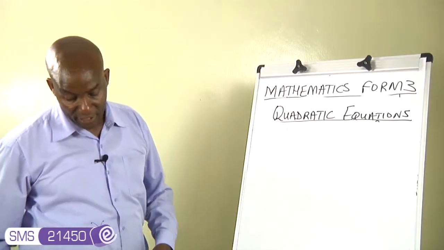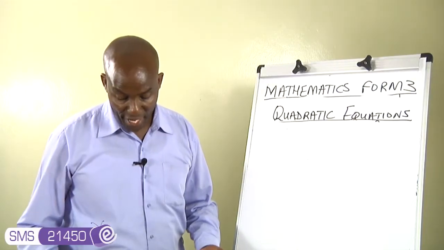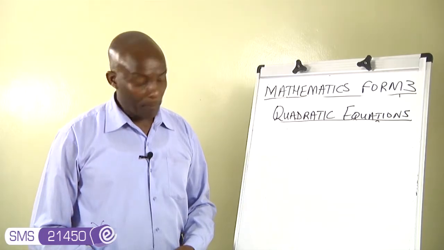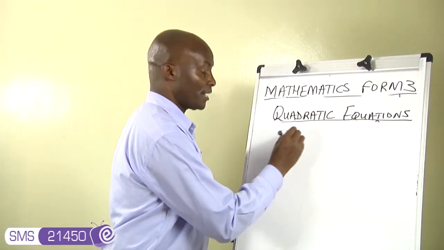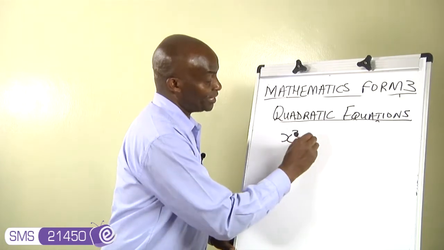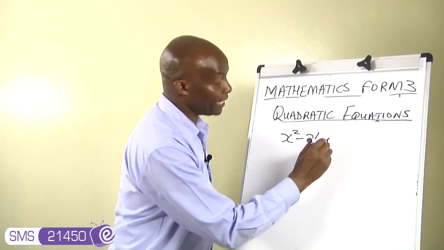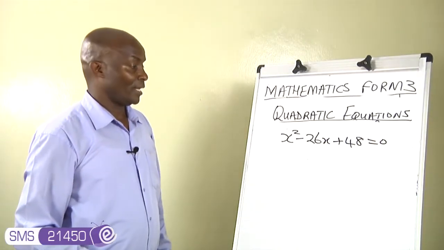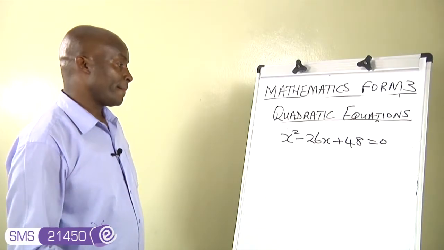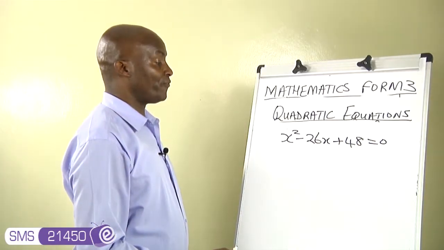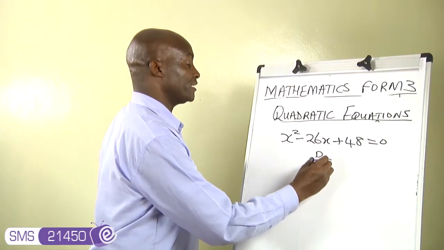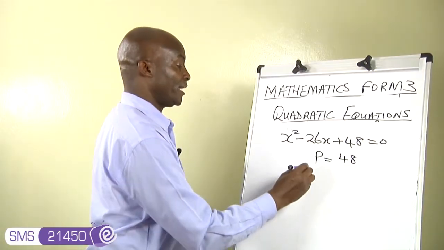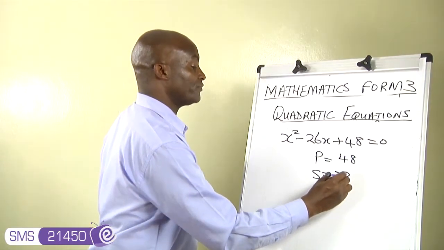You may also be asked to solve by factorizing or otherwise, or by completing the square. Supposing you are given x squared minus 26x plus 48 is equal to 0. By factor method, we will say the product is equal to 48, that is 1 times 48, and the sum is negative 26.